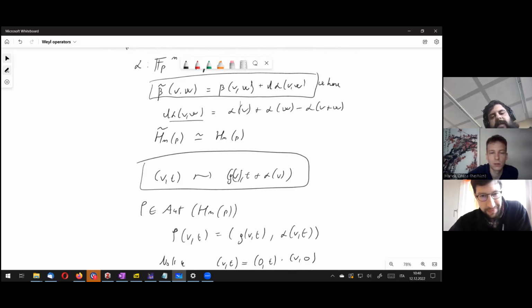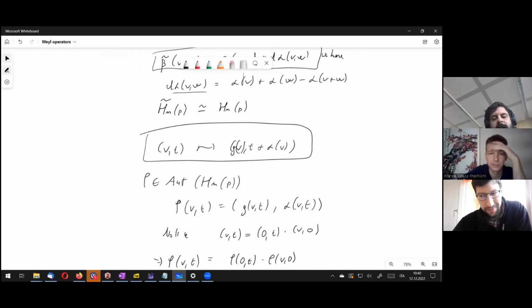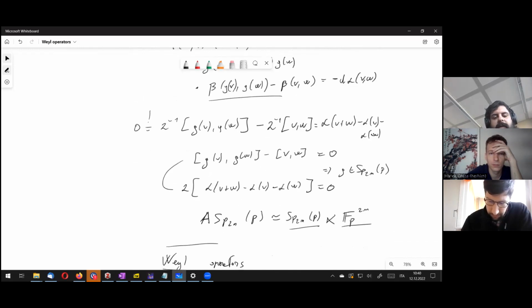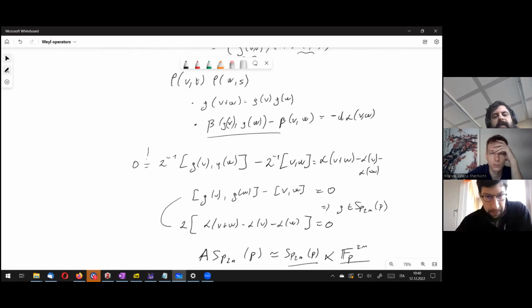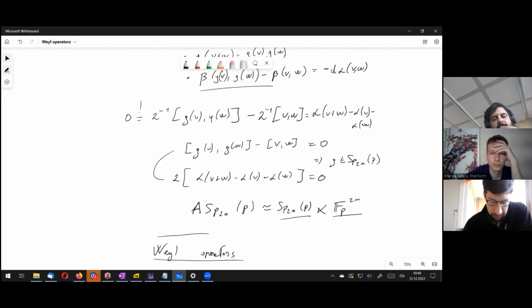This is the form of a center fixing automorphism, and given these results, we have seen how it translates on the level of the Heisenberg group, namely that this G appearing in the center fixing automorphisms must be a symplectic map, while the alpha is just a linear map. So we can write the center fixing automorphism group of the Heisenberg group as a semi-direct product group given by the affine symplectic group.